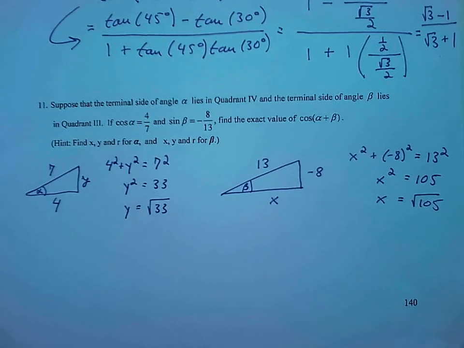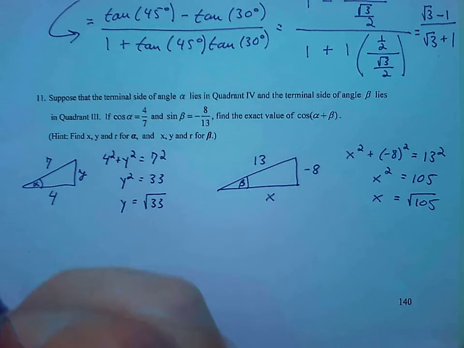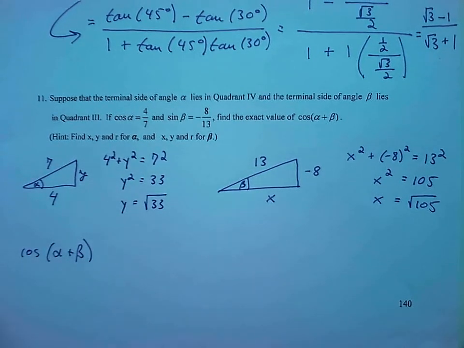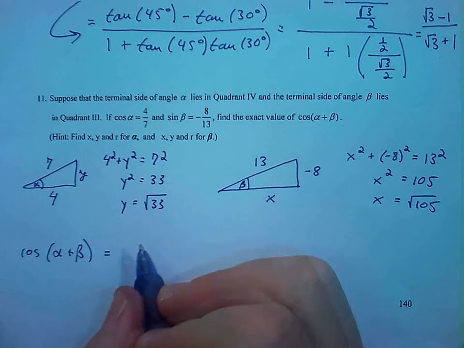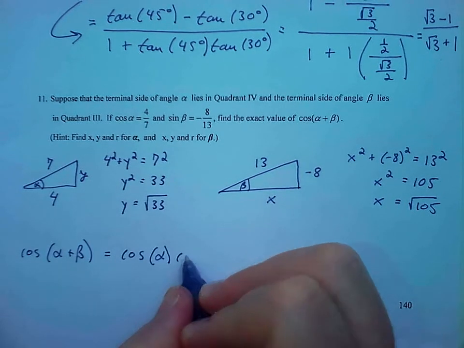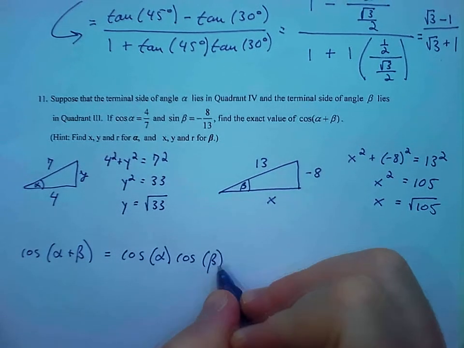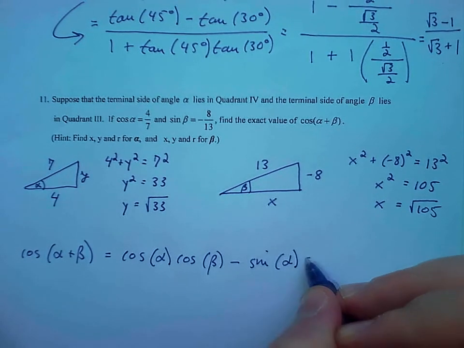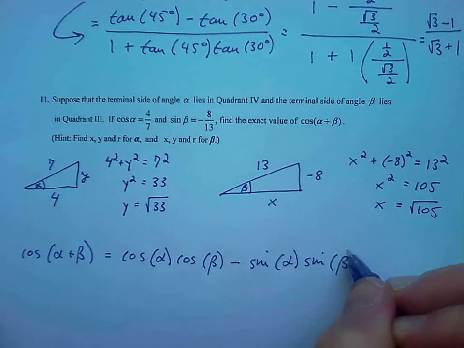So then what we know is that if we're trying to figure out the cosine of alpha plus beta, this is the same thing as the cosine of alpha times the cosine of beta minus the sine of alpha times the sine of beta.